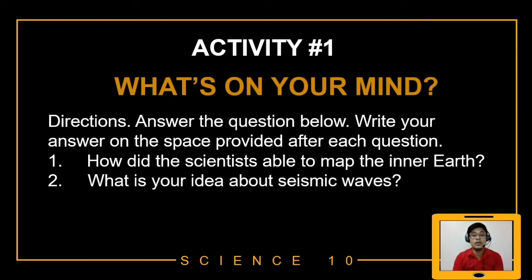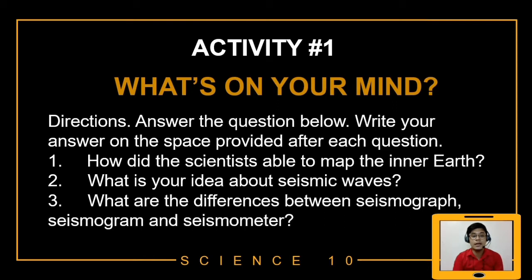Second is, what is your idea about seismic waves? And third, what are the differences between seismograph, seismogram, and seismometer? You can pause this video for a moment and answer activity number 1. If you're done answering, you can proceed with the lesson proper.